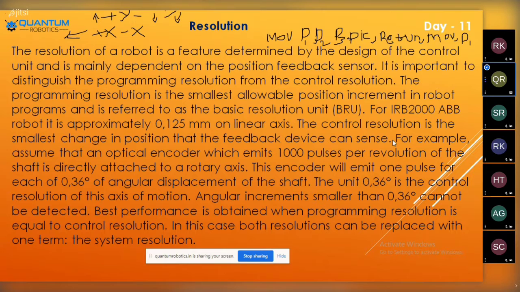At that time we have to give a reset at the TP pendant. Then we again execute our job by switching the servo motors on and off. That's how the feedback control system works: it tells us that you are at this exact position, and this position is wrong for you, and this position is right for you to do the particular task.